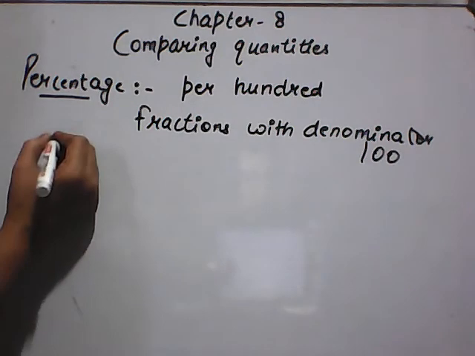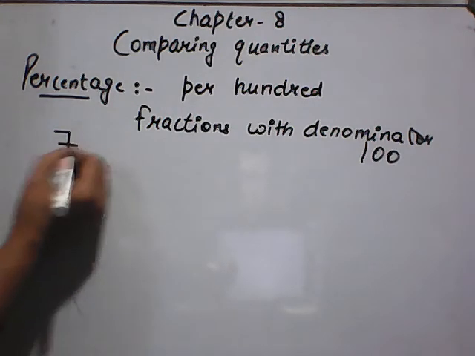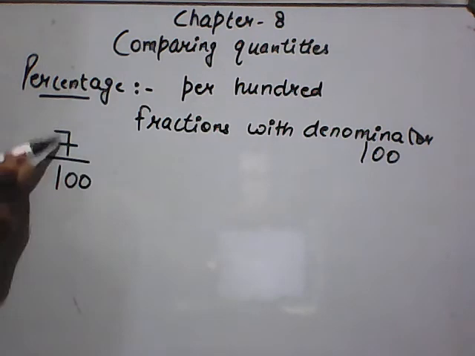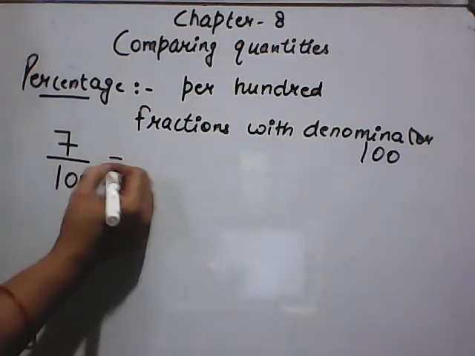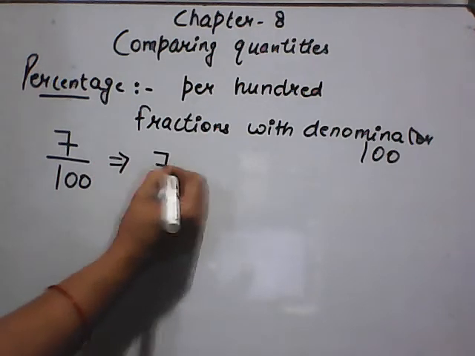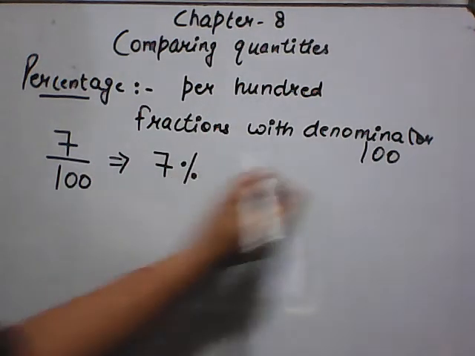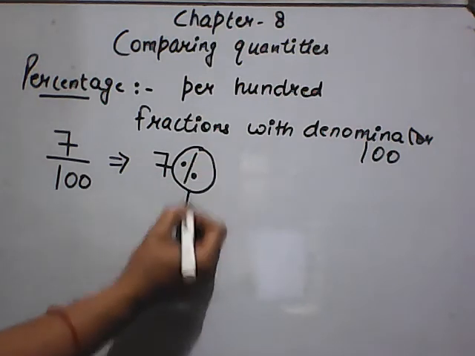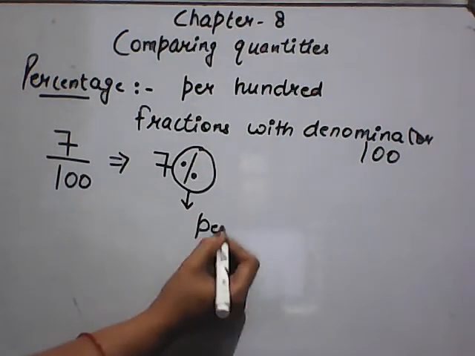For example, suppose we have 7 divided by 100. It means 7 out of 100, so it is represented as 7%. Now, this is the symbol of percent.